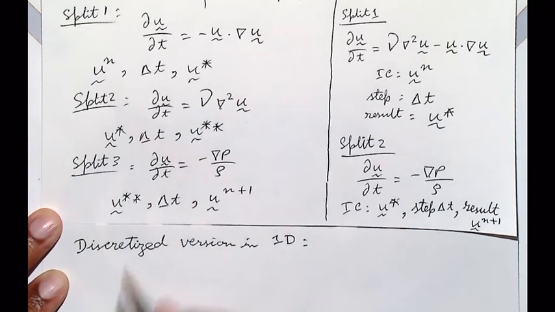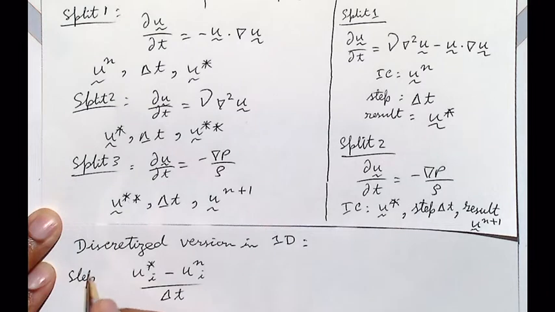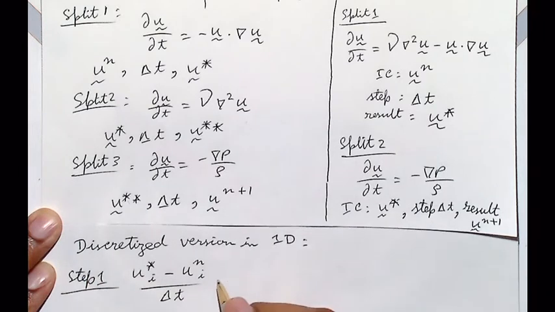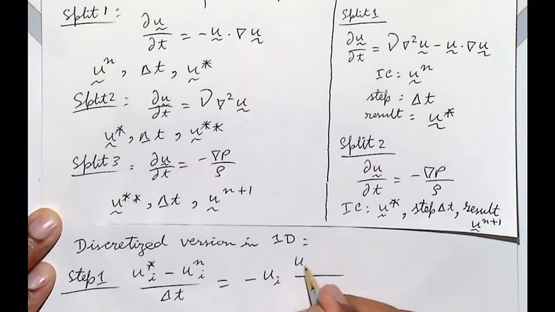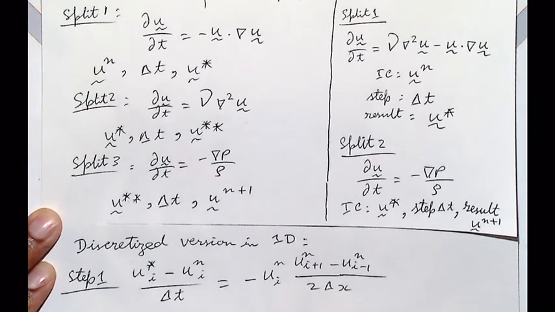So we have (u star i minus u n i) over delta t, and this is step 1, equal to minus (u i plus 1 minus u i minus 1) at n over 2 delta x.